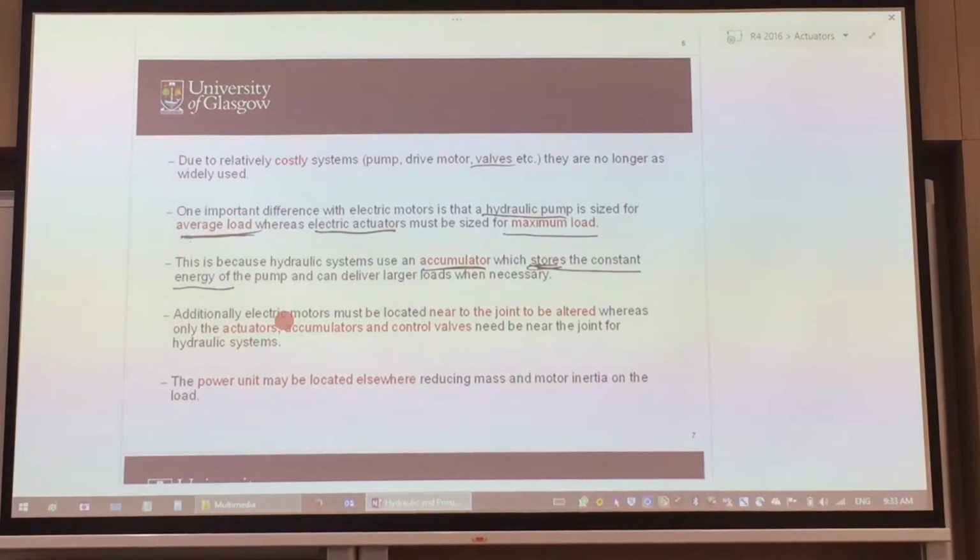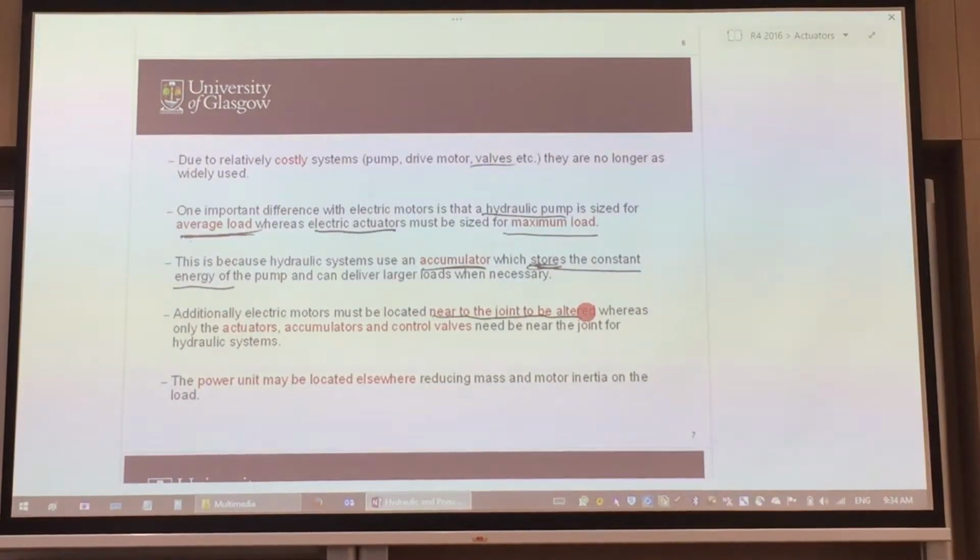Then you may want to start to consider these motors compared to pneumatics and hydraulics. Your motors need to be near to the joint where you want to move. That's the disadvantage. You can't have the motor somewhere else to move that joint. But with hydraulics, yes, you can do that.